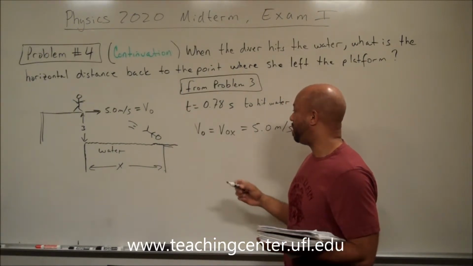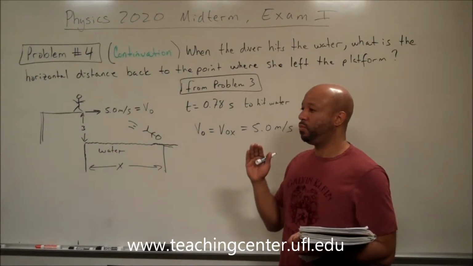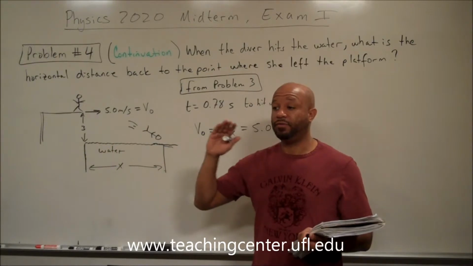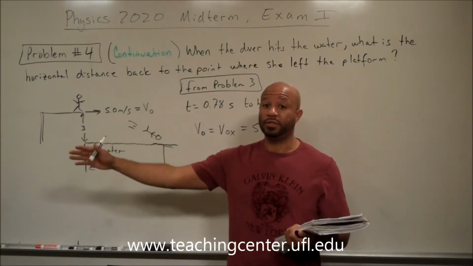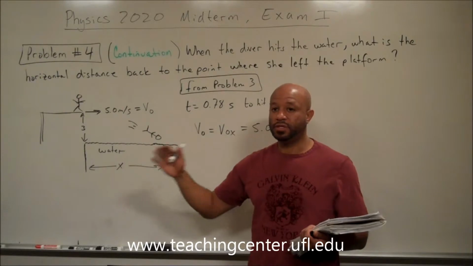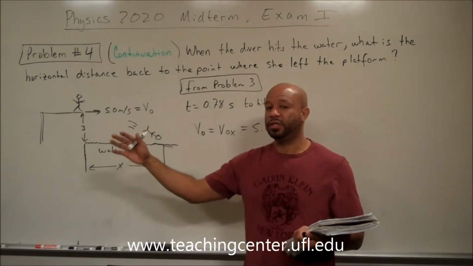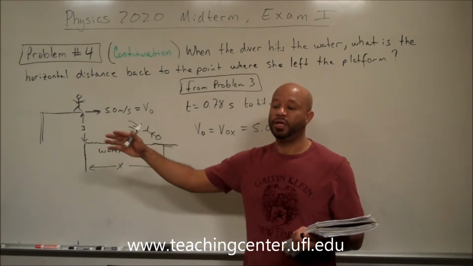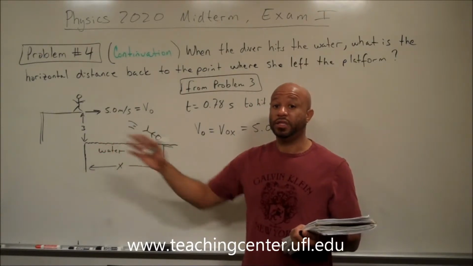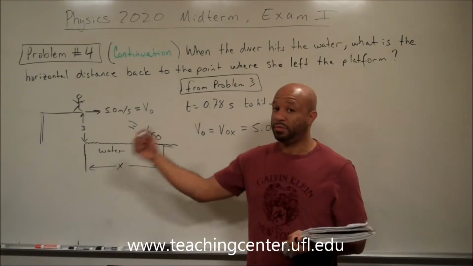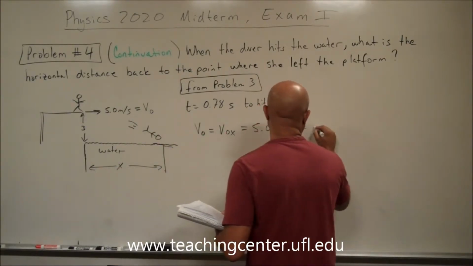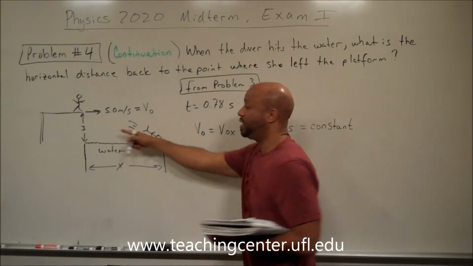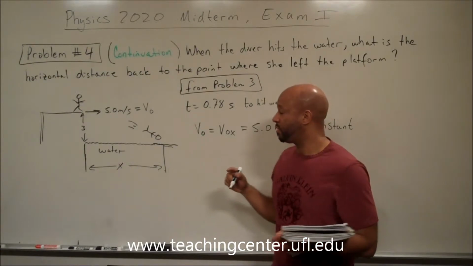That means the velocity in the x direction is going to remain constant, because if you neglect air resistance, there is no force on the object causing the velocity to change in the x direction. So this is constant. It's always going to be 5 meters per second throughout the projectile motion.